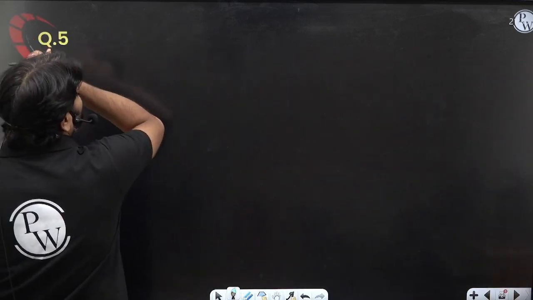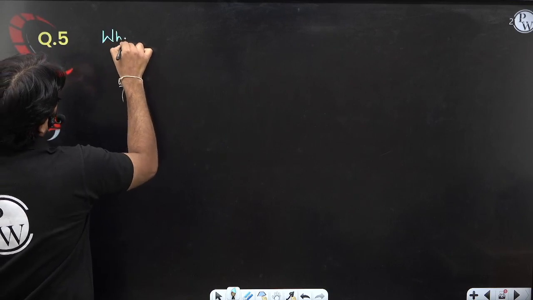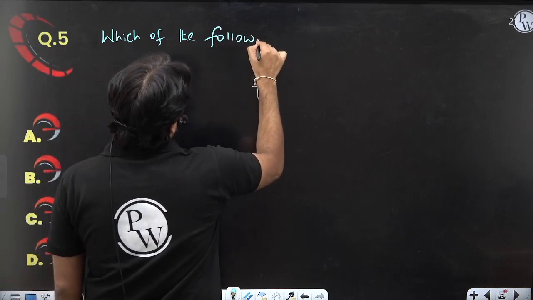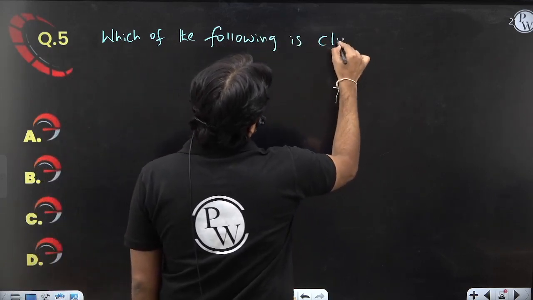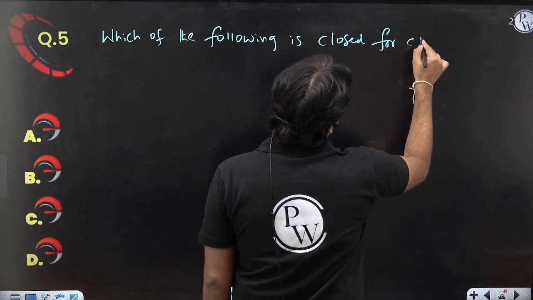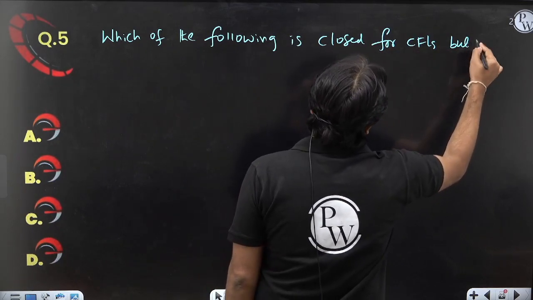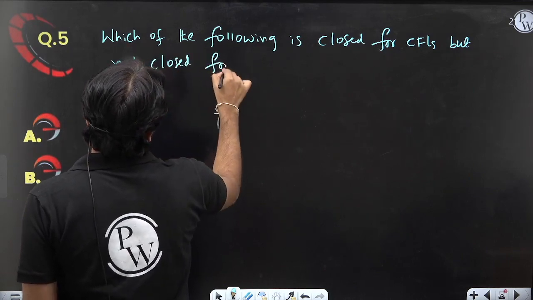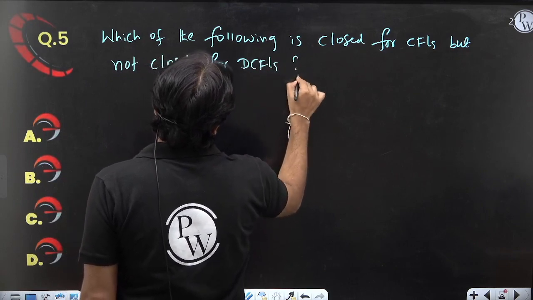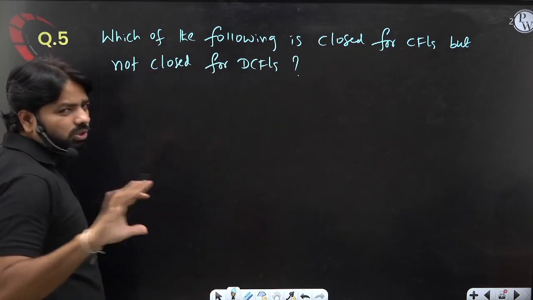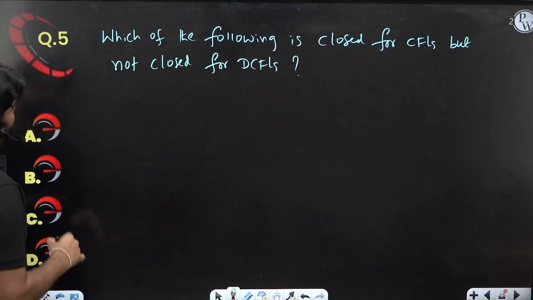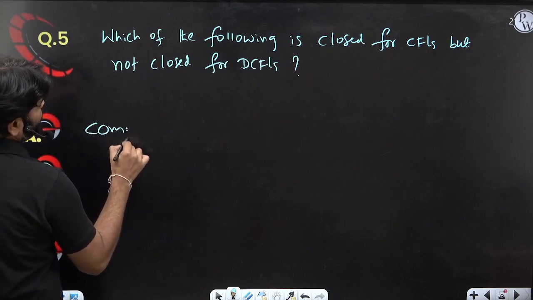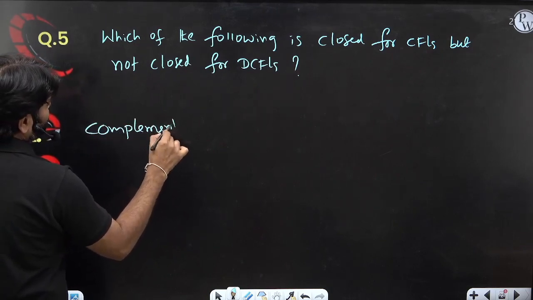Now the last one, which of the following is closed for CFLs but not closed for DCFLs? Something which is closed for CFLs but not closed for DCFLs. Let's see. Complement, is it really closed for CFLs? Not closed for DCFLs? Check.